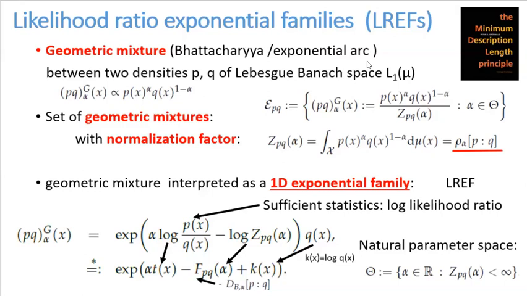This family has been called the likelihood ratio exponential family because, if you write it in the exponential family canonical decomposition, you get log P over Q as the sufficient statistic, right? So you can view this arc as a 1D exponential family. So you have an infinite dimensional space of densities, and you can link any two densities and think of it as a parametric 1D exponential family, which is very useful because now you can use the toolbox of exponential families.